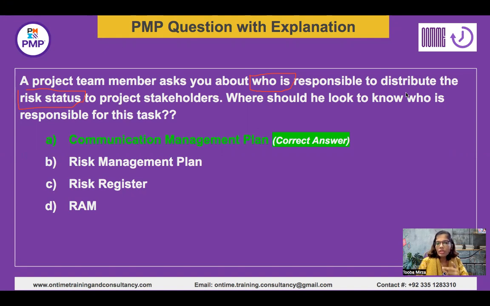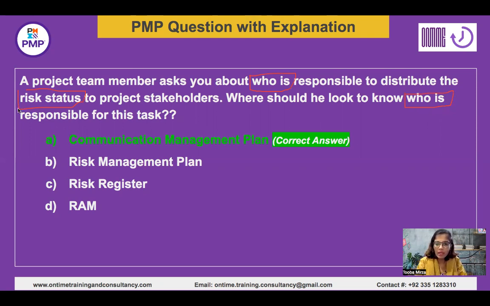So the team member asked you about who is responsible to distribute the risk status or the current information about risk management, which risks are still open, which risks are closed, which risk has been changed or reassessed, or whichever information they want to see in the form of a report. They want to check that report, but the question is asking who is responsible to send this report to this user. Who is responsible for this task?